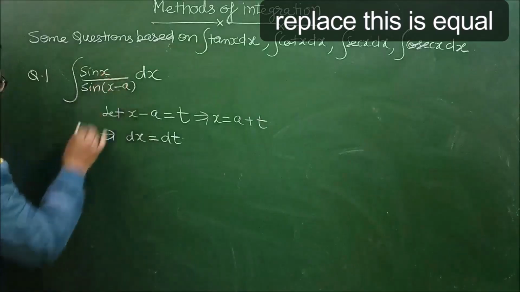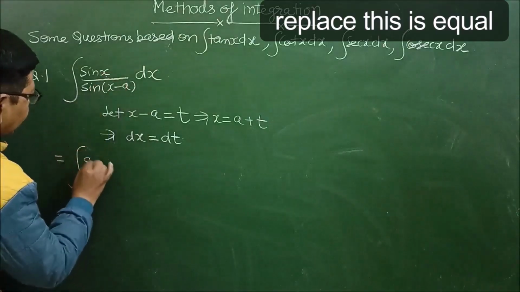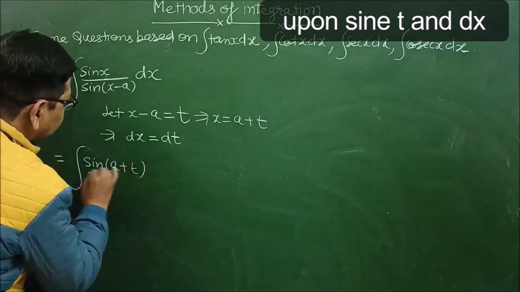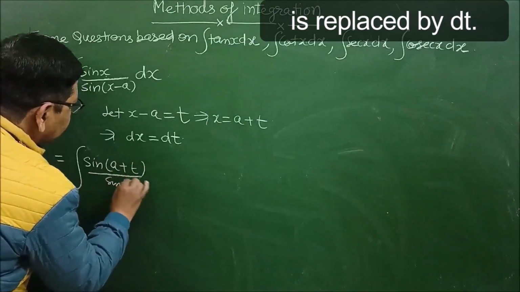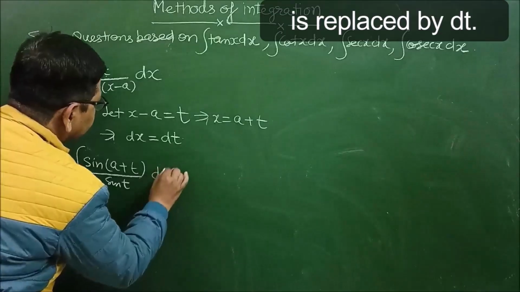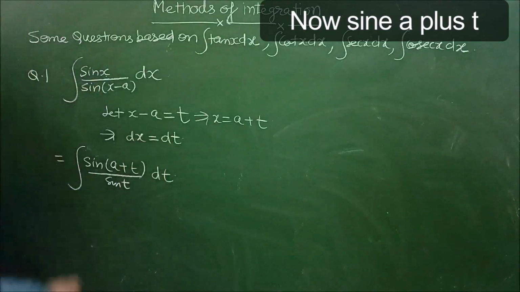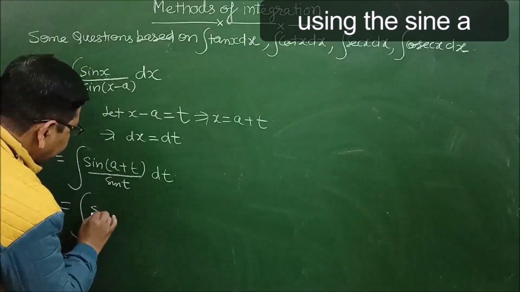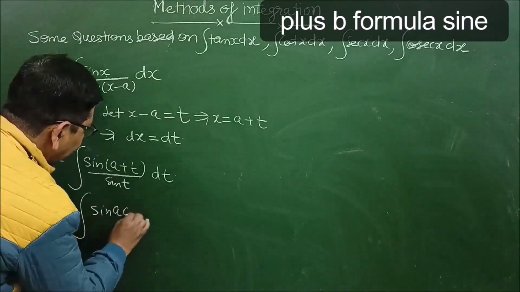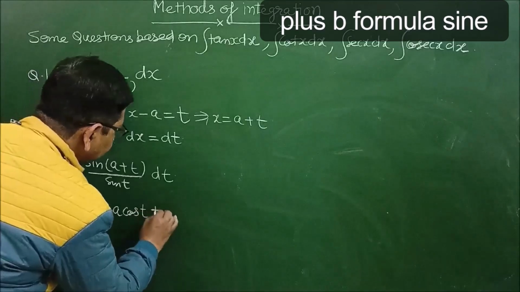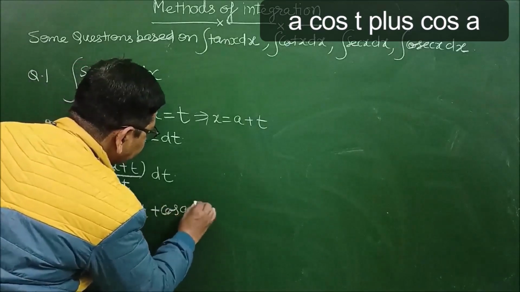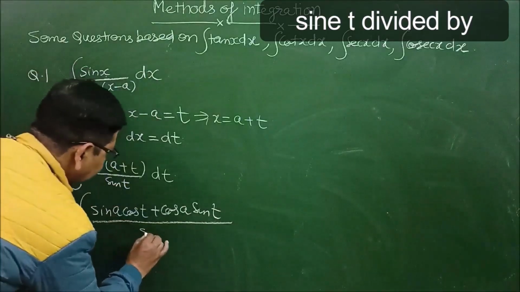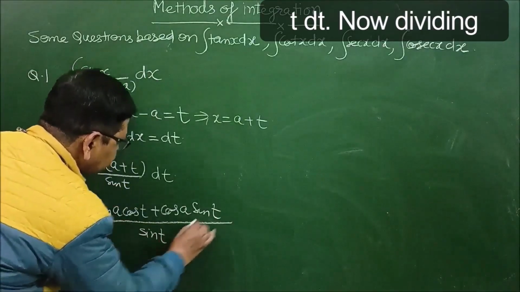So here we can replace, this is equal to sine of a plus t upon sine t, and dx is replaced by dt. Now sine a plus t can be written, using the sine a plus b formula, as sine a cos t plus cos a sine t divided by sine t dt.